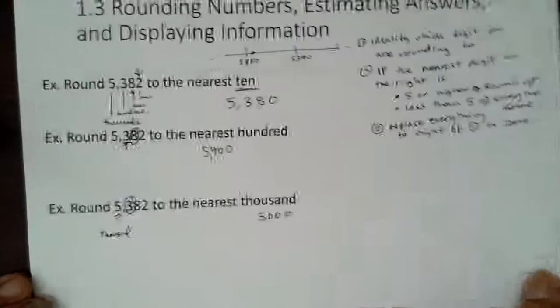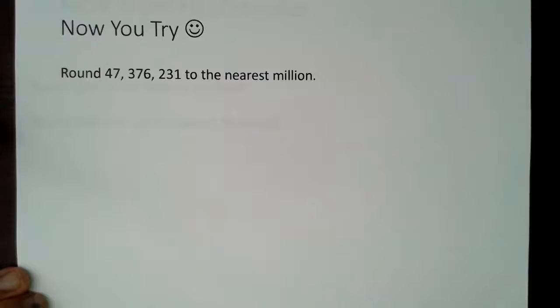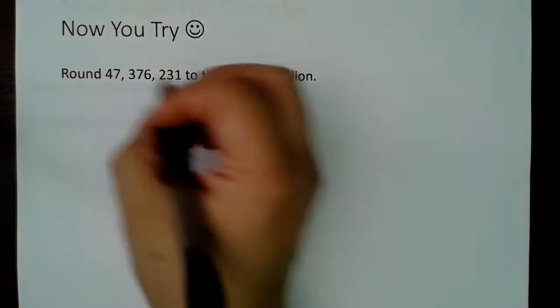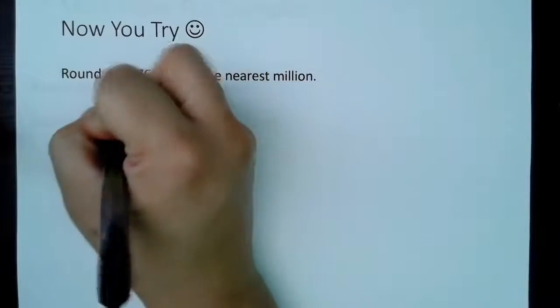Now you try. Go ahead and pause the video and round 47,376,231 to the nearest million. Okay, so assuming that you paused it and tried it, we're doing it to the nearest million, that's here.